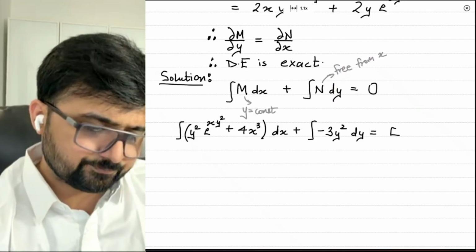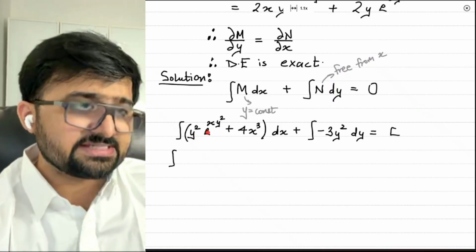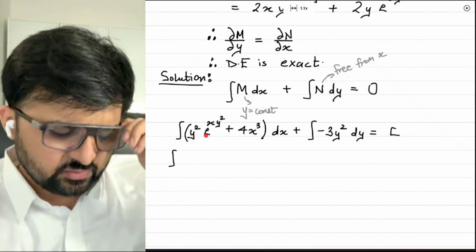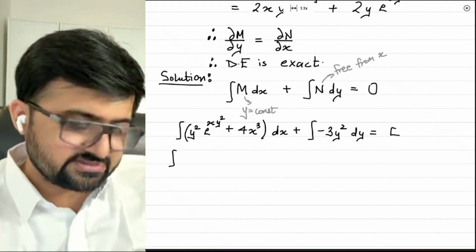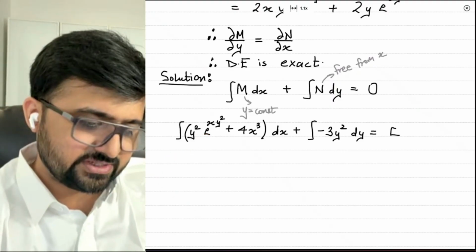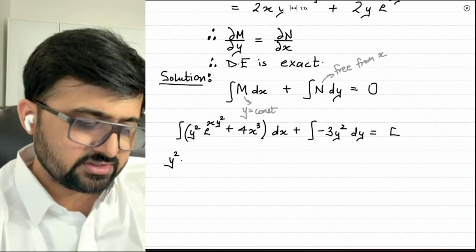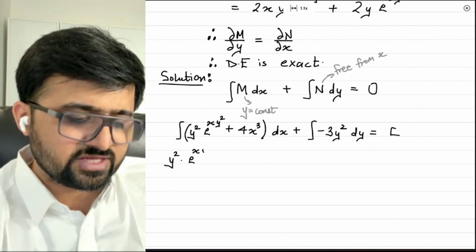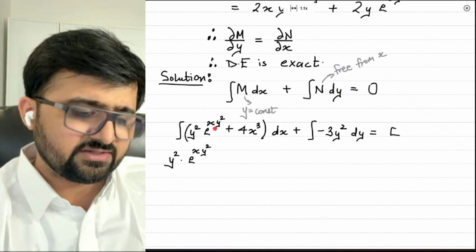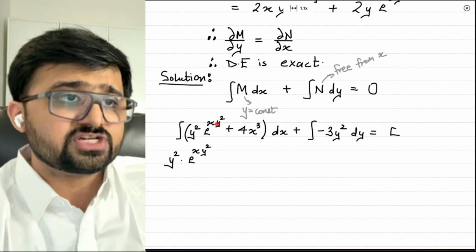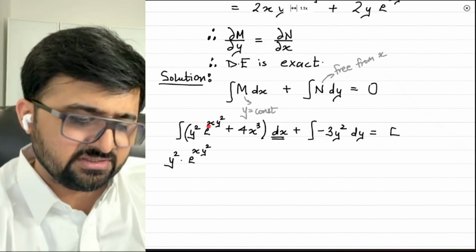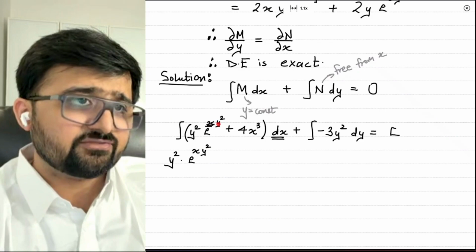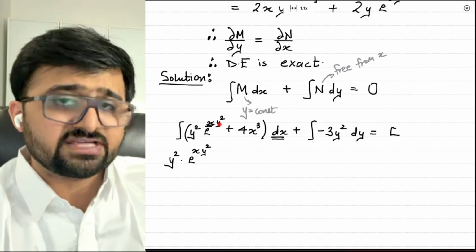Now let's integrate with respect to x. With respect to x, y² is constant. The integration of e^(xy²) is e^(xy²) divided by the coefficient of x, which is y².